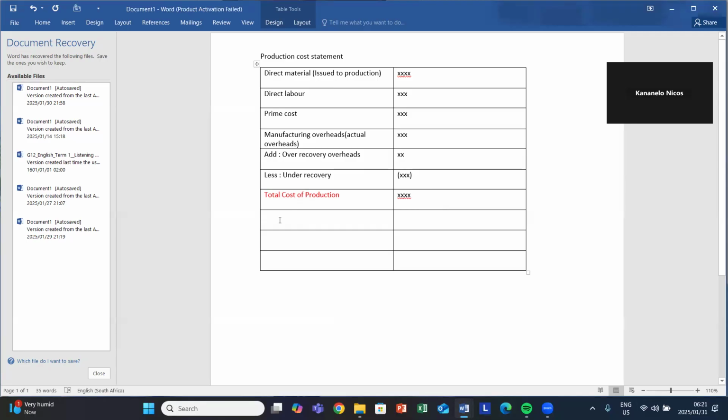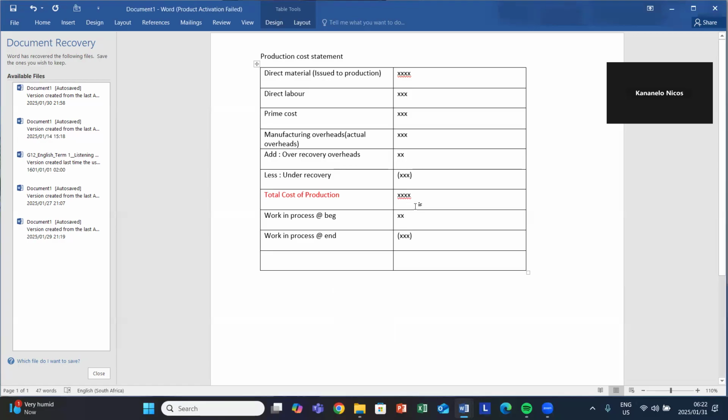And then after that, you're going to add your work in process at the beginning. And then minus the one that is at the end. The one at the end of the year, you minus it. Remember, we represent minus by brackets.